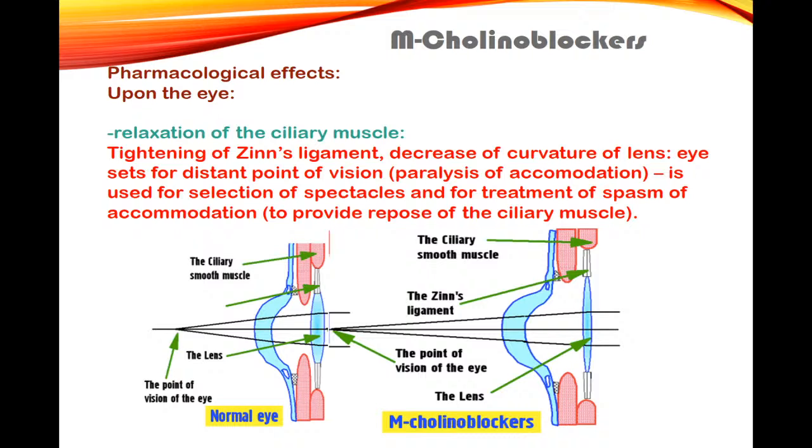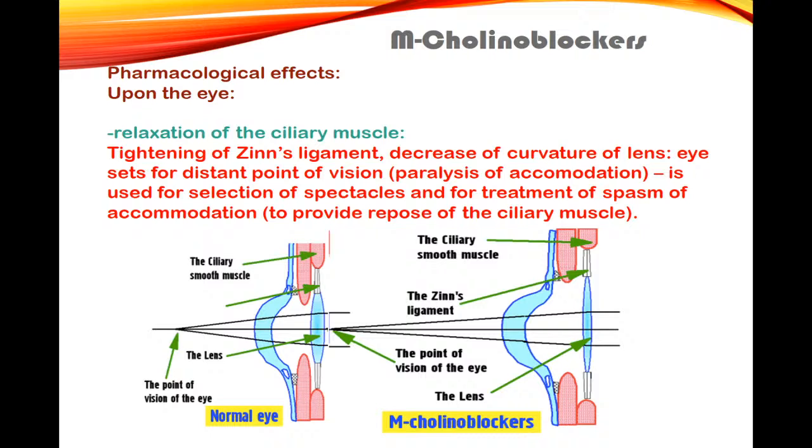We use for investigation of eye bottom and for prevention of adhesions formation, and also for selection of spectacles and for treatment of spasm of accommodation. But if we want to investigate eye or to select spectacles, this procedure is short, 15-20 minutes, not more.